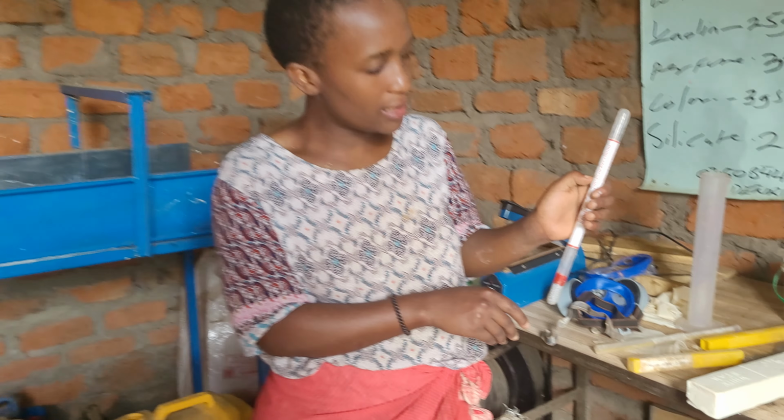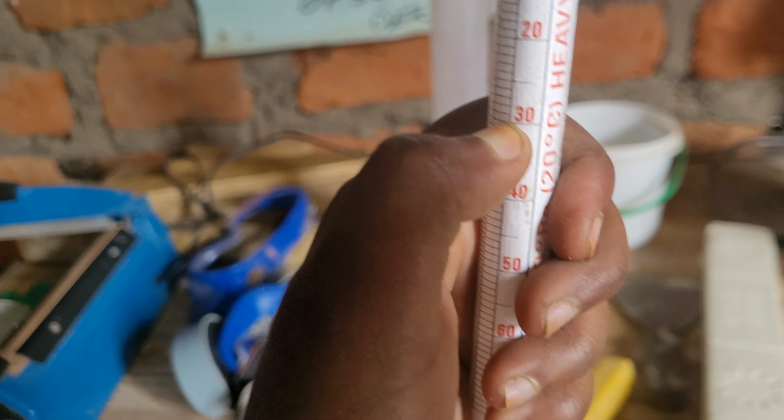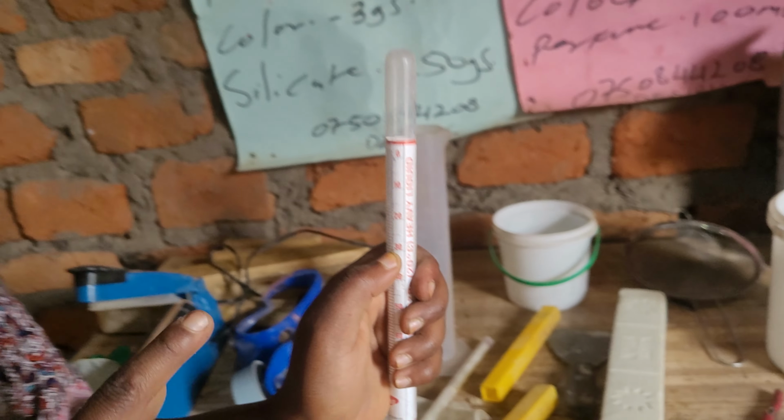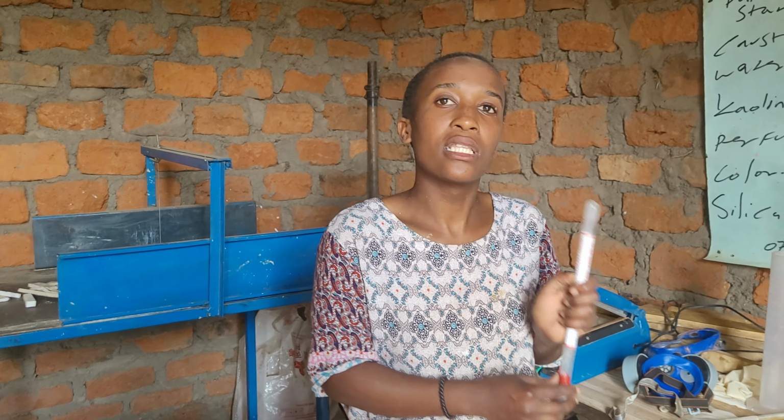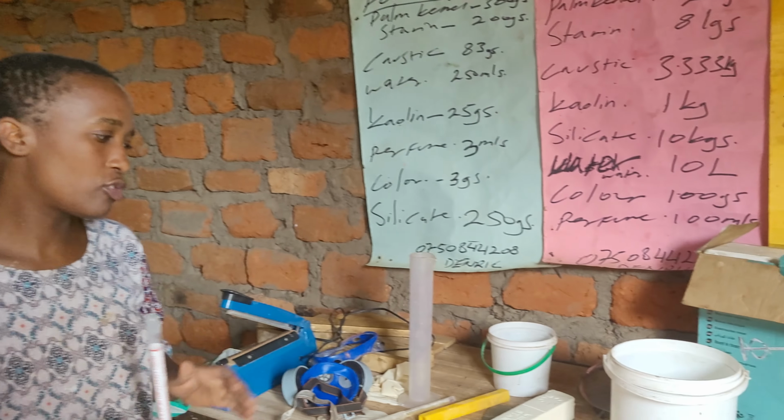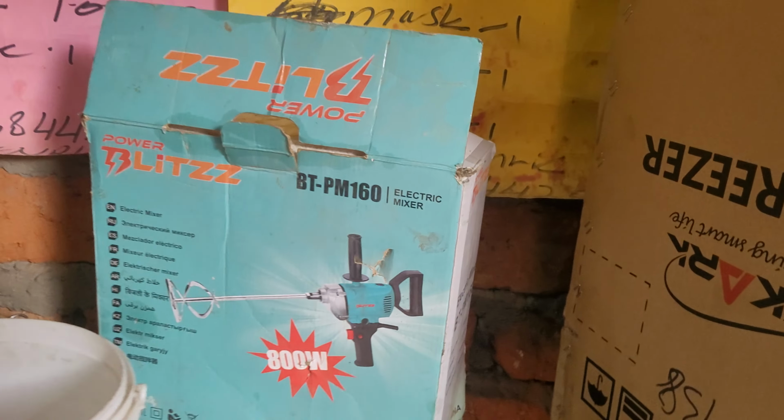If it exceeds 30, then the acid inside the mixture is too much. You have to minimize the acid so that when people are using your soap, they cannot harm themselves.